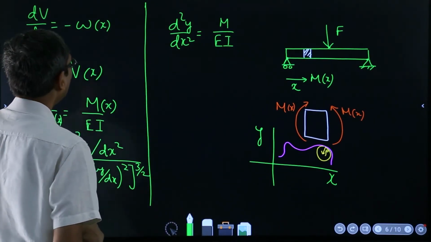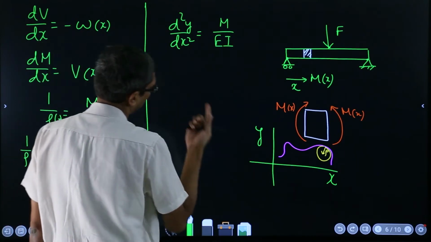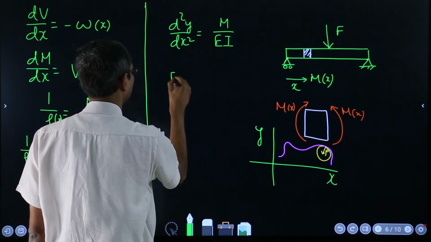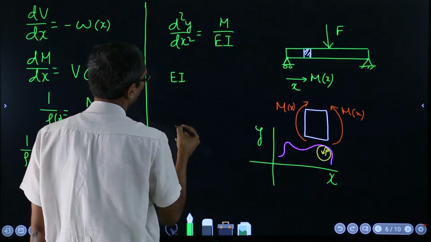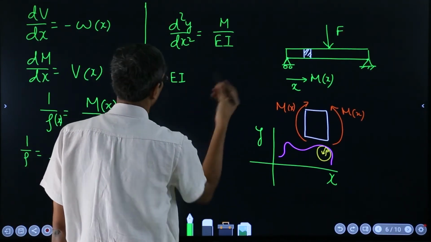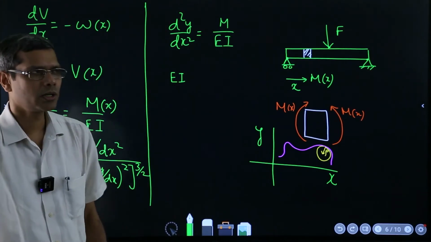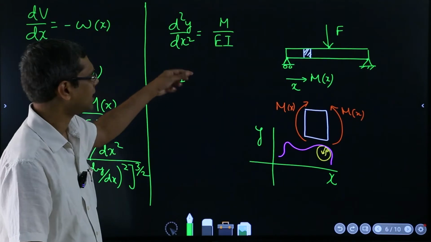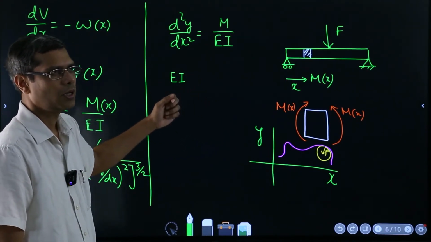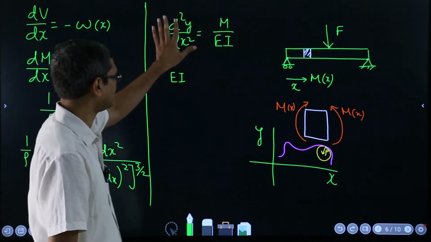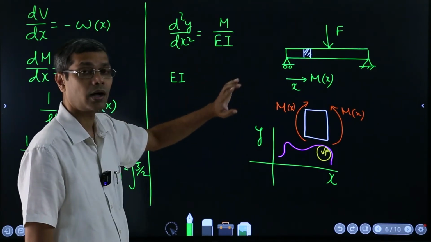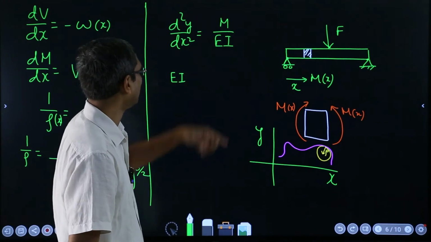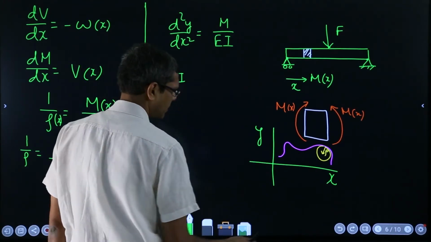Generally this equation is written in this form; everywhere you will see it mostly in this form. You can assume that E is constant, I is constant, but this equation is valid even when E and I are functions of x, in which case you can keep it like that. Let me write them explicitly.